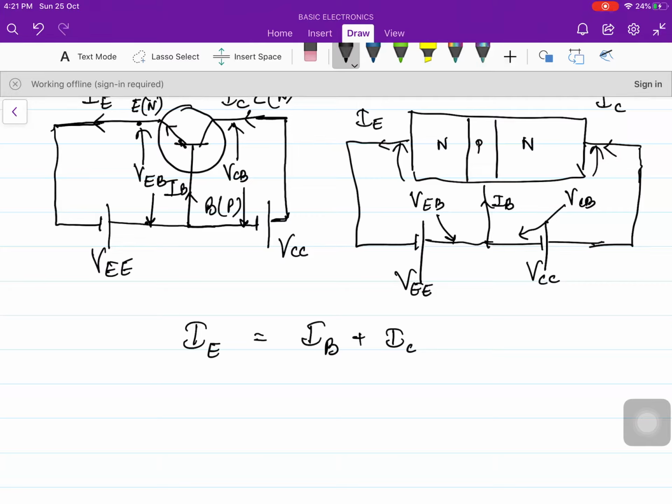And we know that the reverse saturation current is due to the minority carriers. We did not discuss it in the previous lecture because that current is so small that it will be neglected. But here when we are learning the common base configuration in detail this time, we have to consider that also, so that we can understand the operation and the characteristics very clearly.